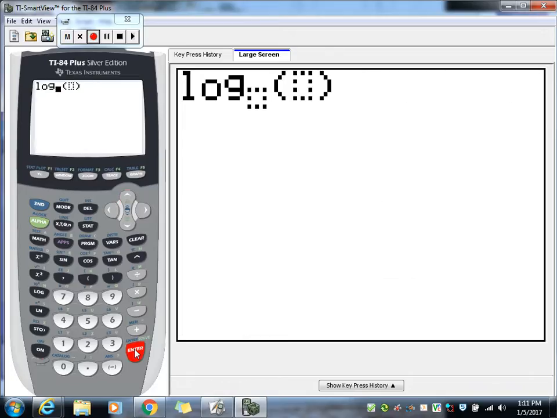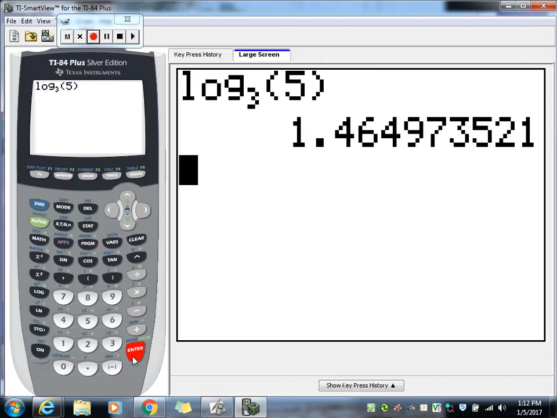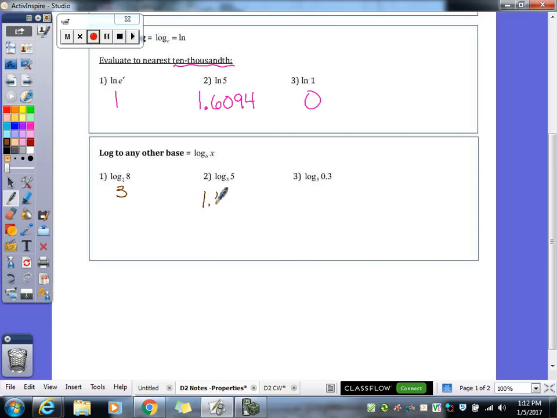So if we want to do log base 3 of 5, to the nearest 10,000th, what do we get? Then you would just have to leave it, or borrow one of my calculators.